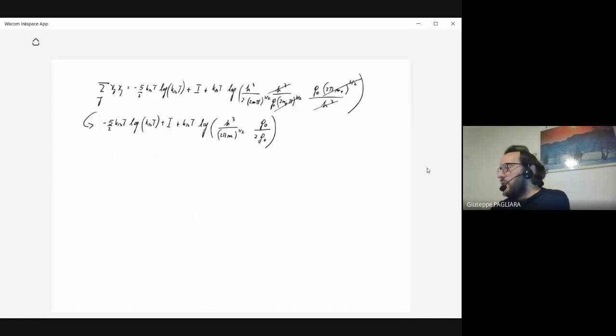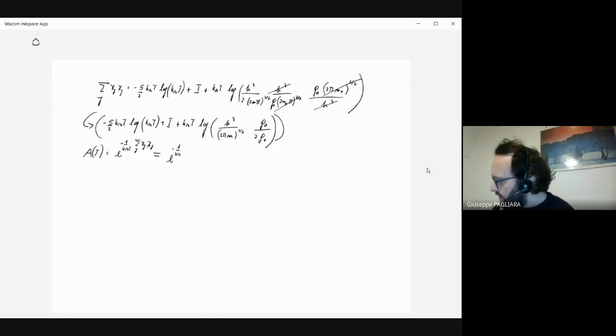Now, what is A of t? A of t was the exponential of 1 minus kBt sum over j of nu j chi j. Now I just need to introduce that, to work out this expression, so let's do it. Here we'll have the exponential of 1 minus kBt, and then I introduce the sum that I just derived.